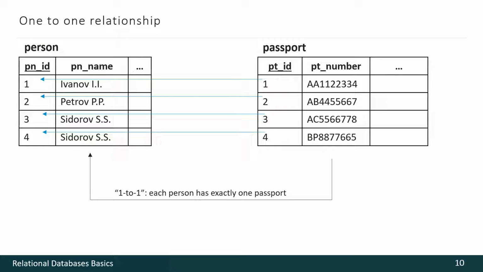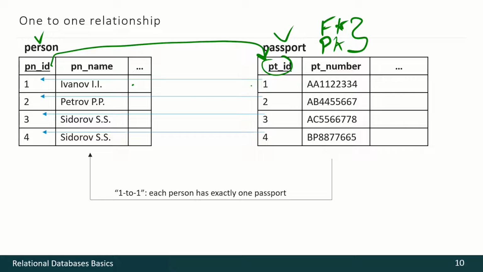Here is the same example with data. We have persons, passports, and of course each person has no more than one passport. We may see that this primary key migrates here, and it's not only a foreign key, but it's also a primary key here, so it's a so-called primary foreign key.